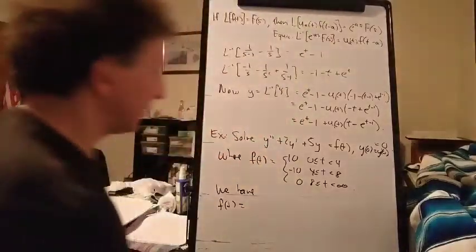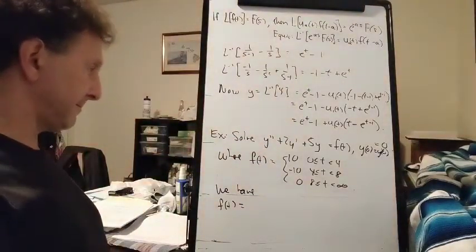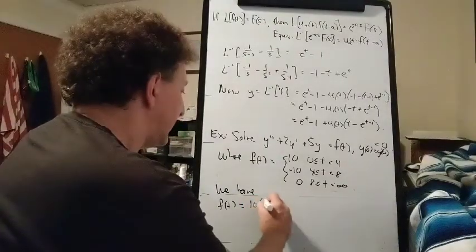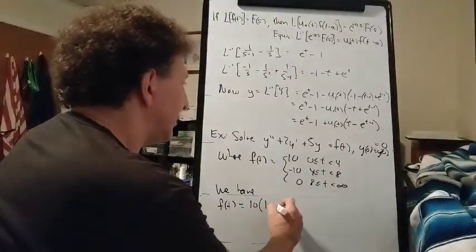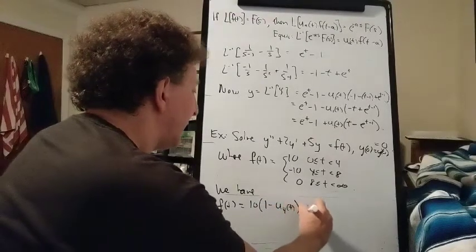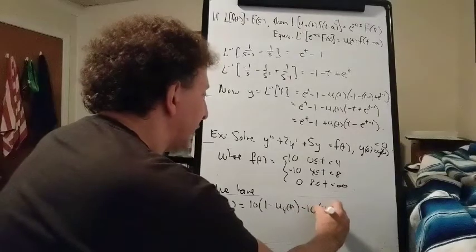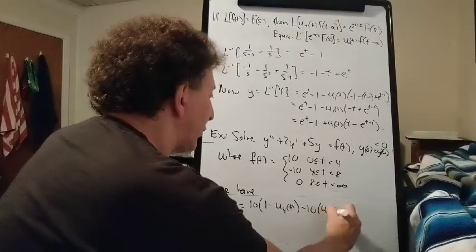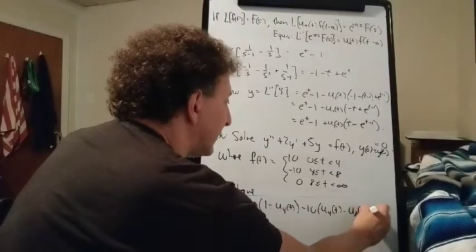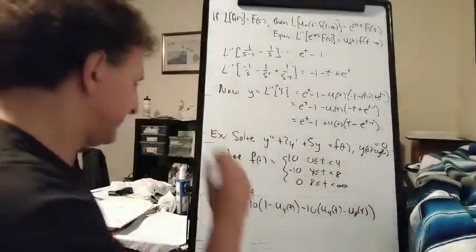So writing this forcing function in terms of step functions, we have 10 from 0 to 4, and then minus 10 from 4 to 8, and then 0 after that.